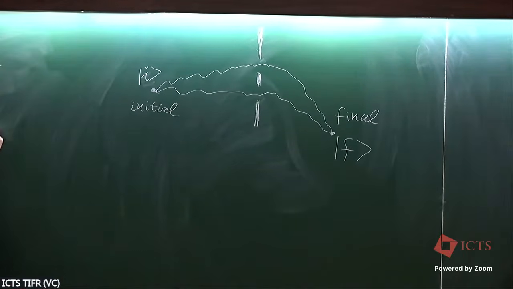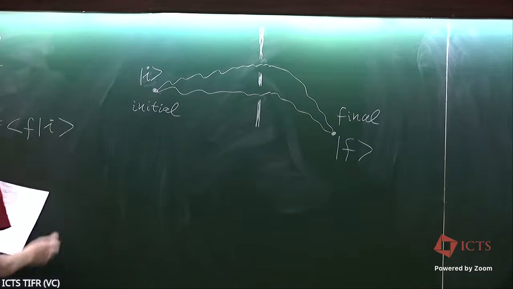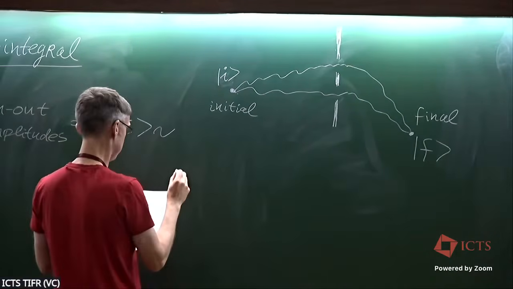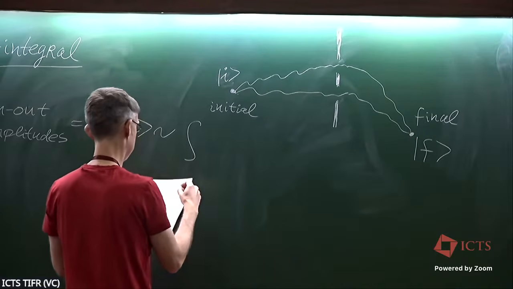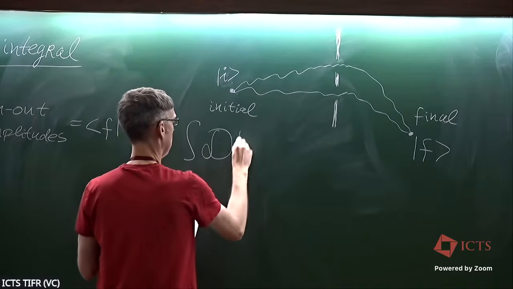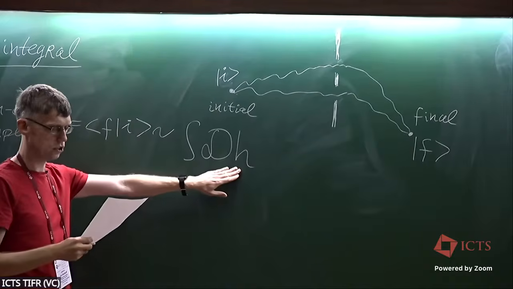Then the amplitude would be ⟨f|i⟩. And using a path integral, you could write this as an integral over all field configurations h.